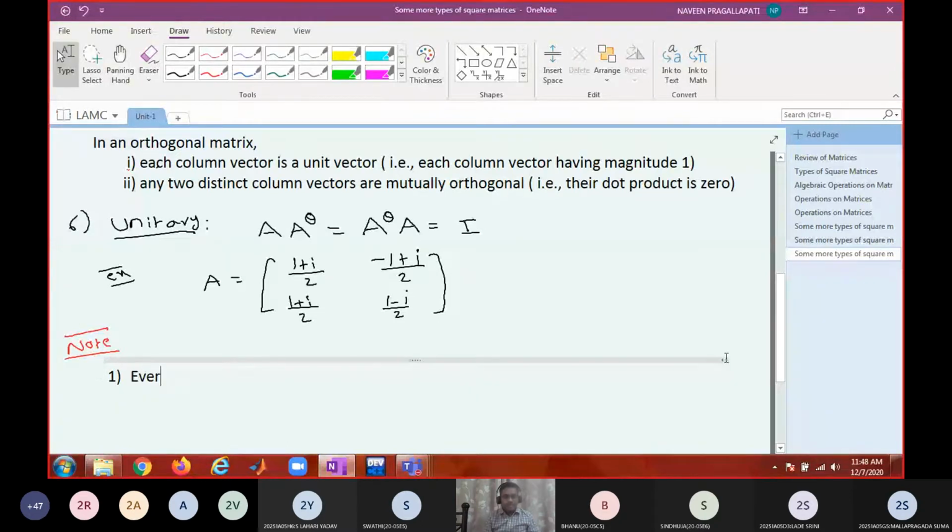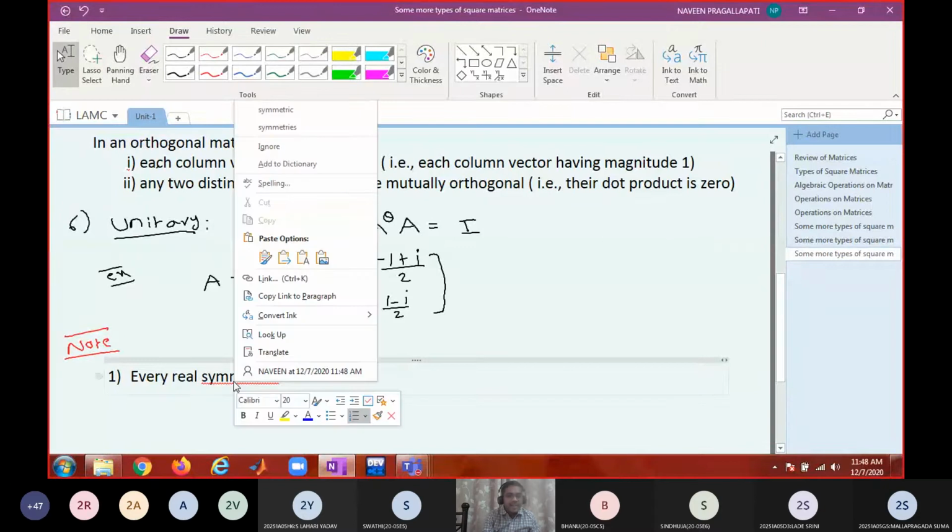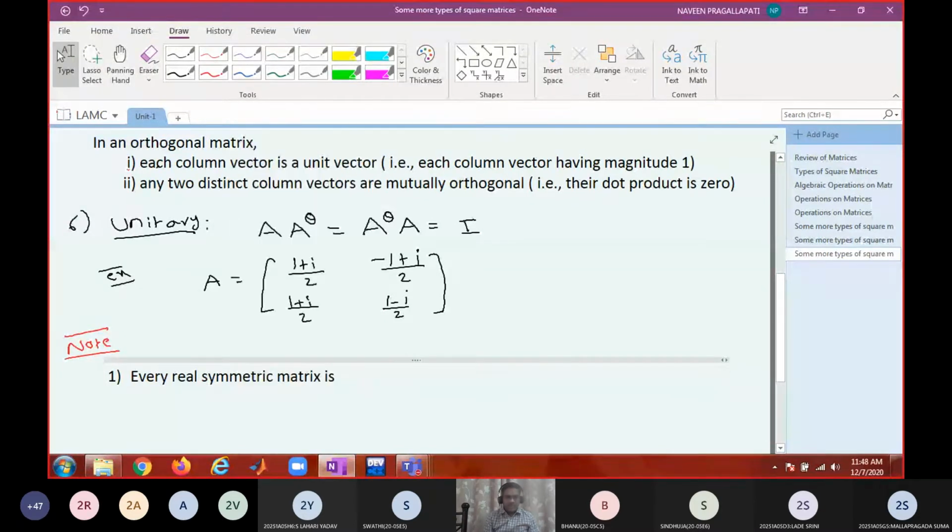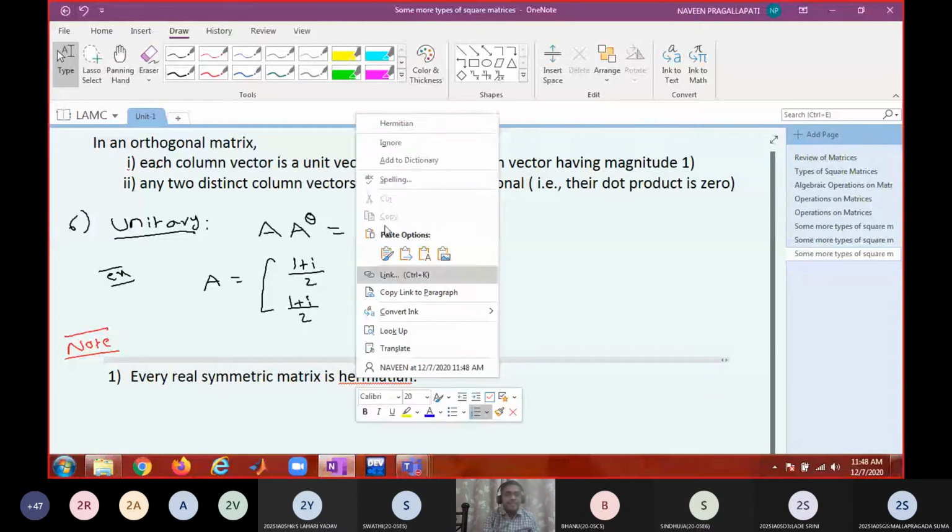Every real symmetric matrix is Hermitian. Do you agree with this statement? Every real symmetric matrix is Hermitian.